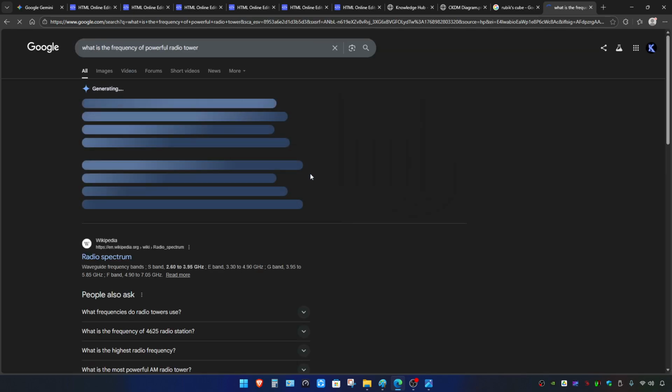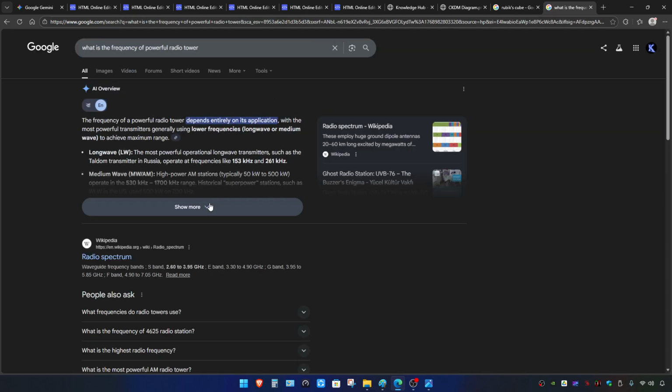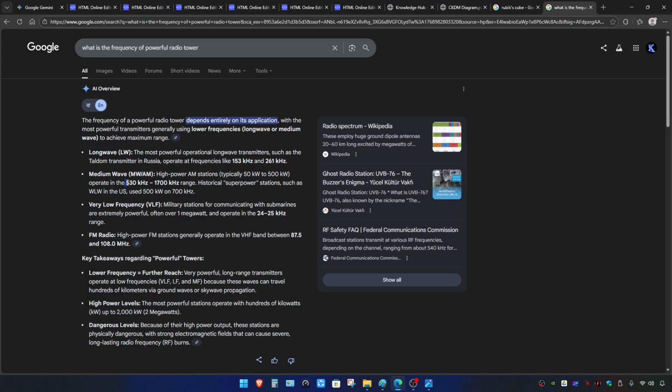The frequency rate depends, but it starts at 530 kilohertz. So 1000 hertz is about 1 kilohertz. So it goes from 530 kilohertz to 1700 kilohertz. So you can probably guess what will happen in this case.